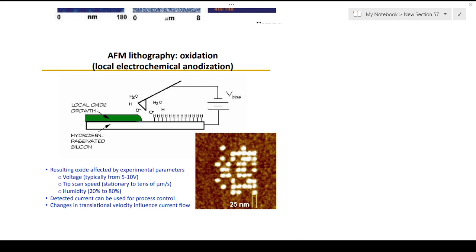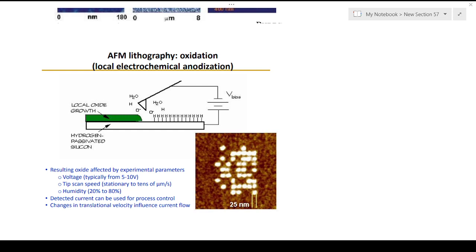In other processes, we know that when you do oxidation, the entire surface will get oxidized, but here we can look into oxidation in a specific region.